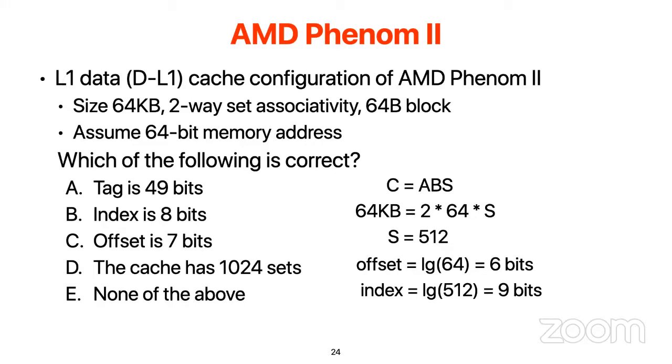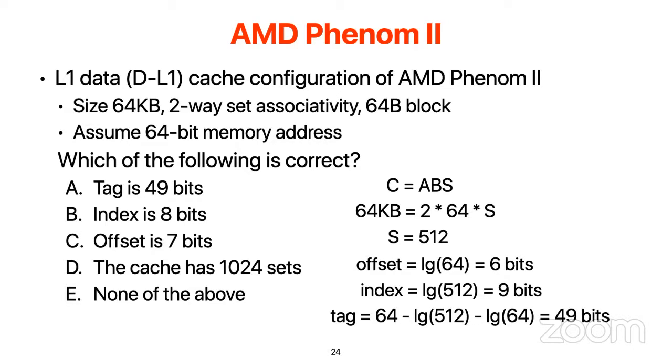And remember, the index is what we use to identify the sets. So the index is related to the log of the number of sets you have, and that will be 9 bits. And the offset is used to identify which byte you want in a block. So you have to use log of the block size to get your offset bits. And because when we say 64-bit memory address, it means that your memory address is 64 bits wide, the remaining bits will be the tag.